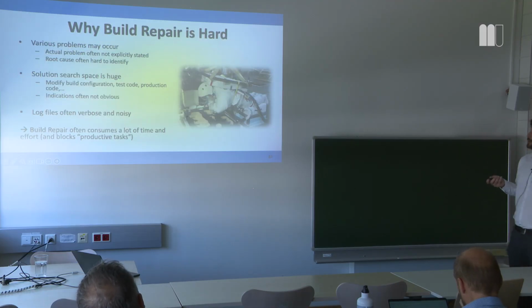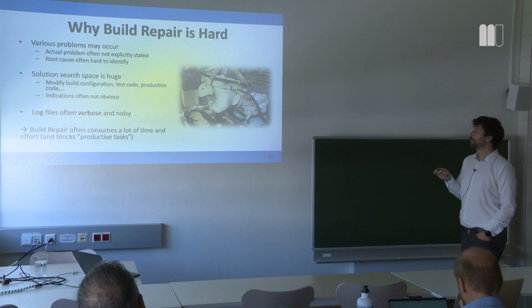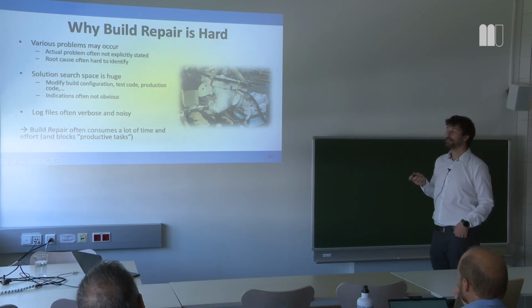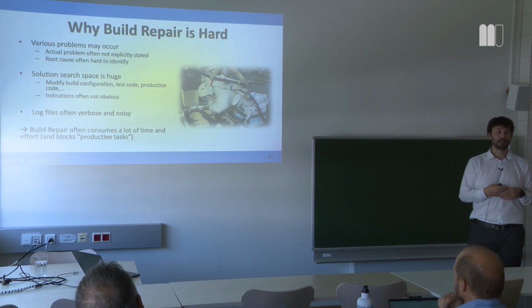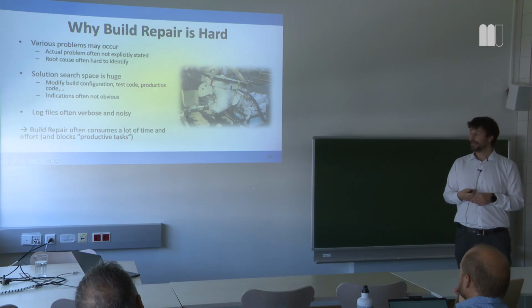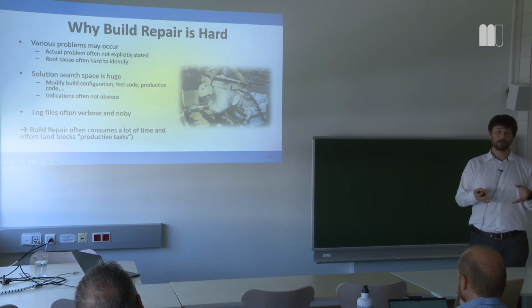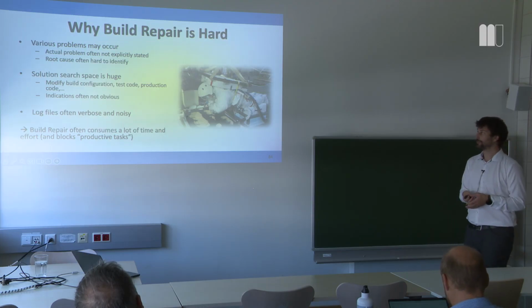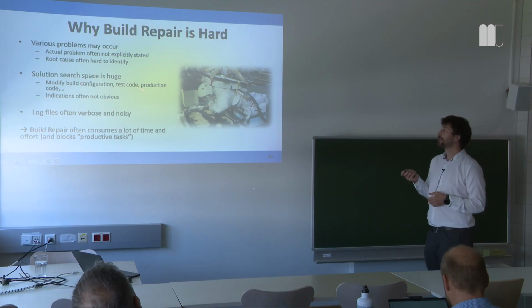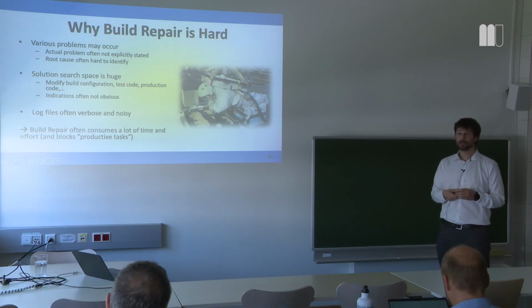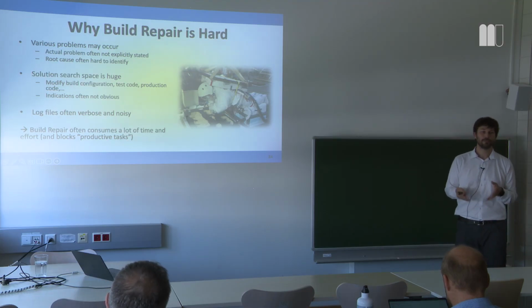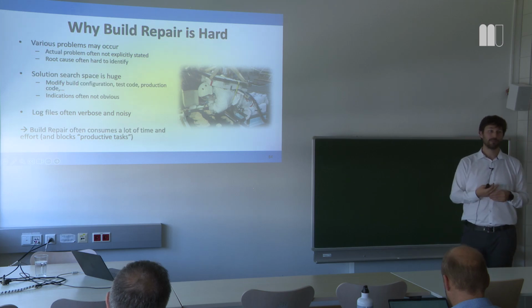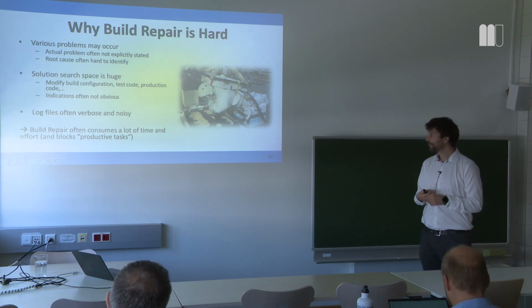Why is this so hard? Well, some of the problems are not explicitly stated. They are under the hood. You really need to take care of what the dependency problems are, and you have to have a lot of knowledge about the project itself and also the ecosystem. And as I mentioned before, the solution space is quite huge. So again, with these 20 million dependencies, finding the correct 10 that possibly fix your build is quite hard.